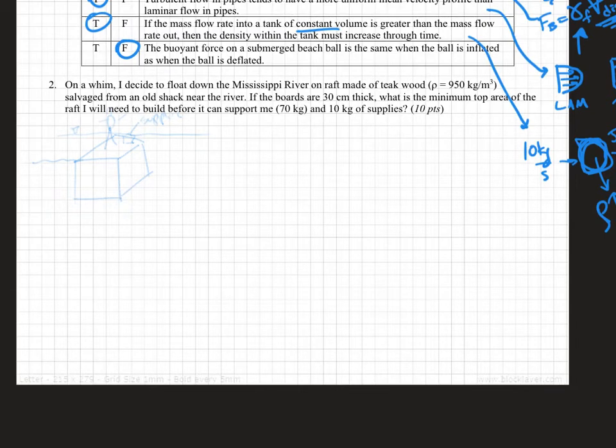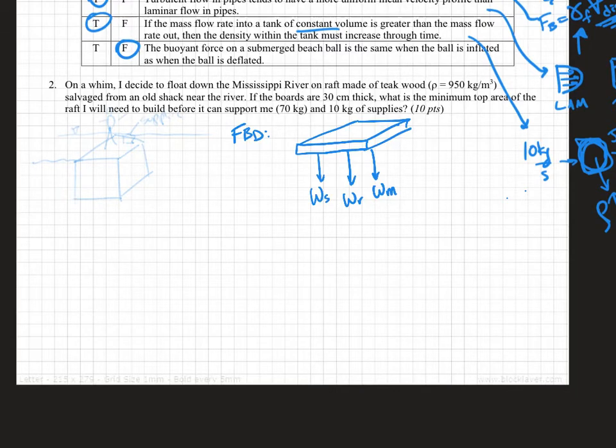So the free body diagram, and I'm really confused why we had trouble with this one. A lot of you forgot the weight of the raft itself. So basically, if we do this free body diagram, we've got the weight of the raft, the weight of me, and the weight of the supplies. That's what the buoyant force has to hold up.